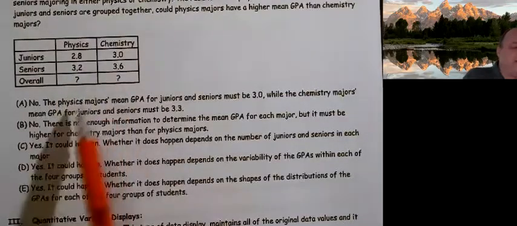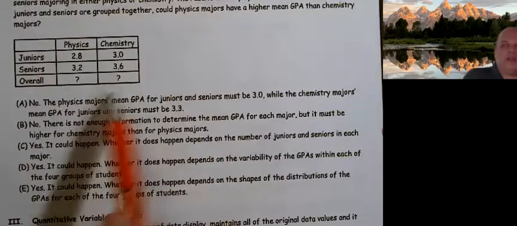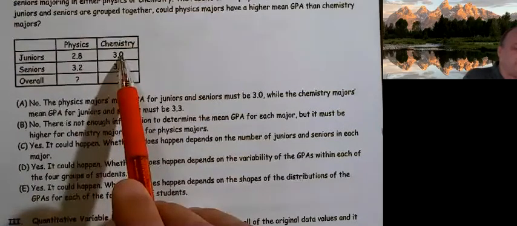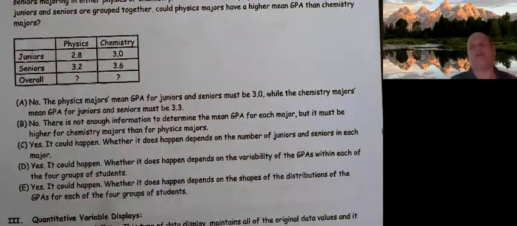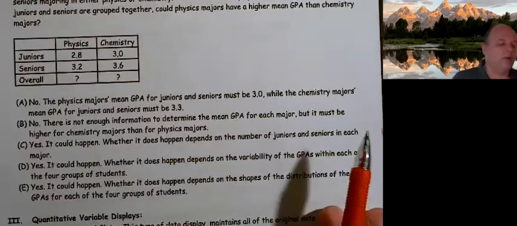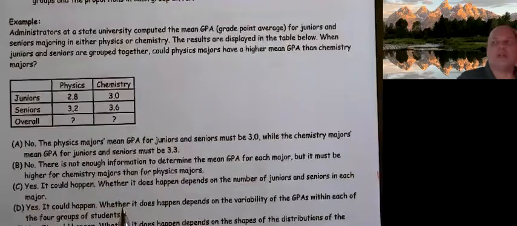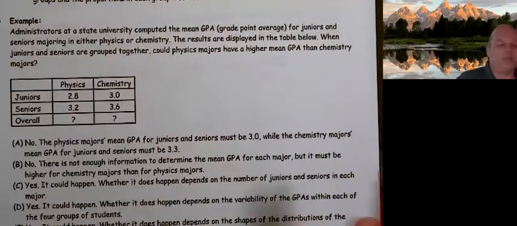GPA than chemistry, that would appear to contradict what we see. Because what we see is that chemistry majors did better for juniors and chemistry majors did better for seniors. That's what we see. But is it possible that physics majors actually have a higher mean GPA?